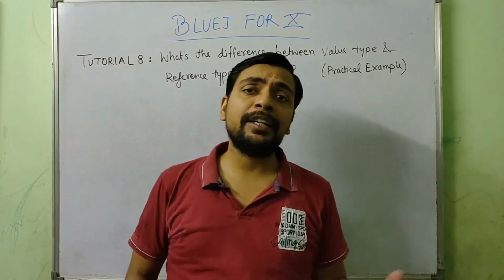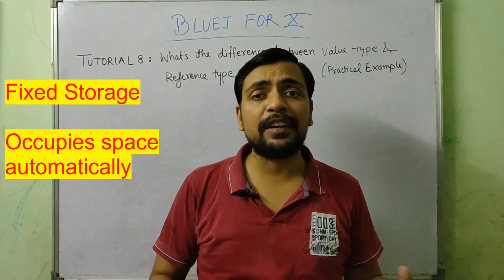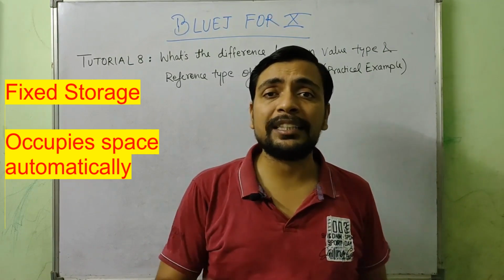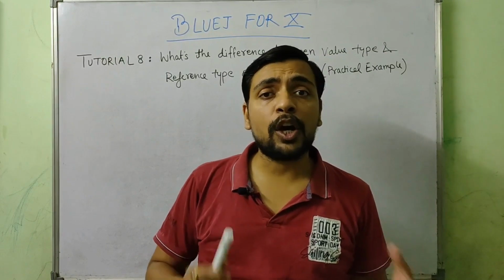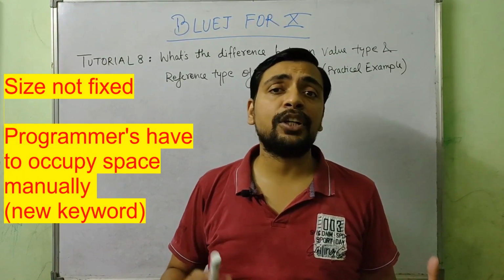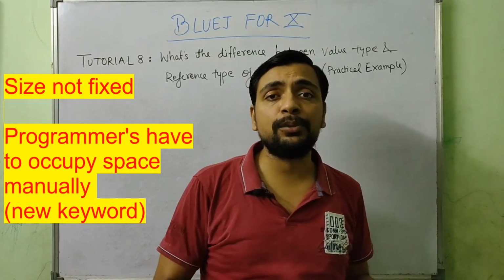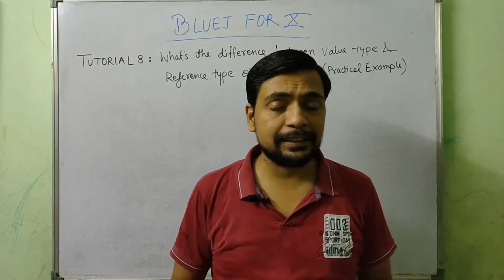Now you already know the difference between primitive and non-primitive: primitive have a fixed storage of memory, and primitive occupies space in the memory as soon as the declaration statement is executed, whereas in non-primitive the size is not fixed. Second, we have to occupy space for it by using the new keyword. So these differences we have already discussed.